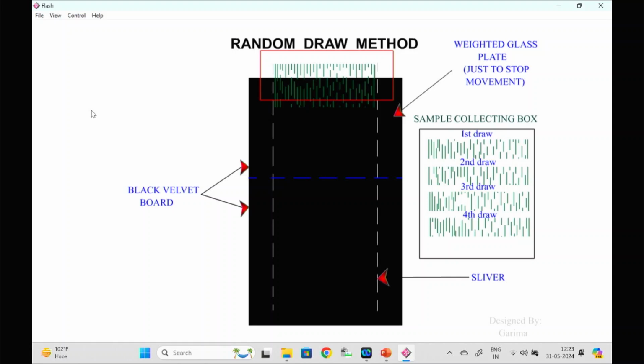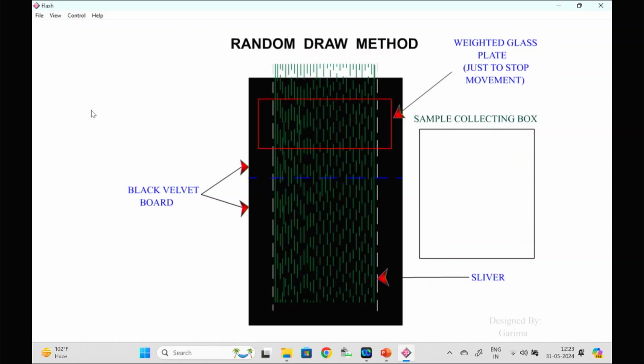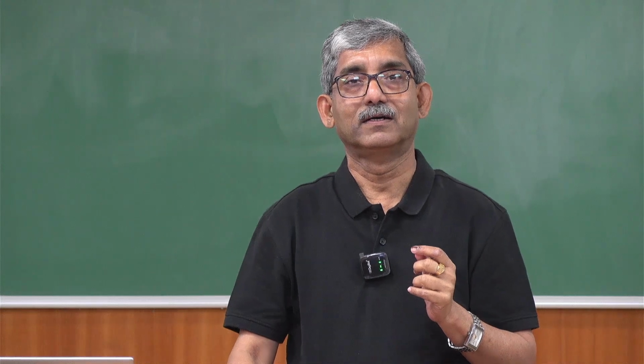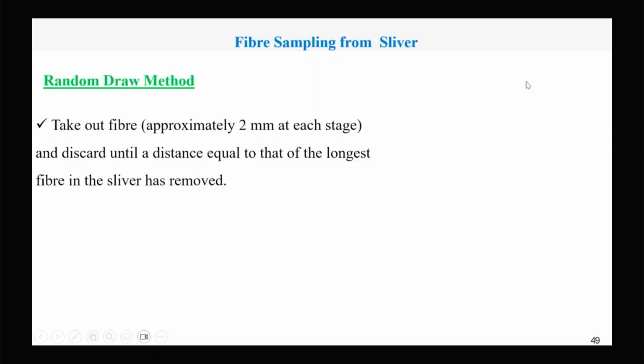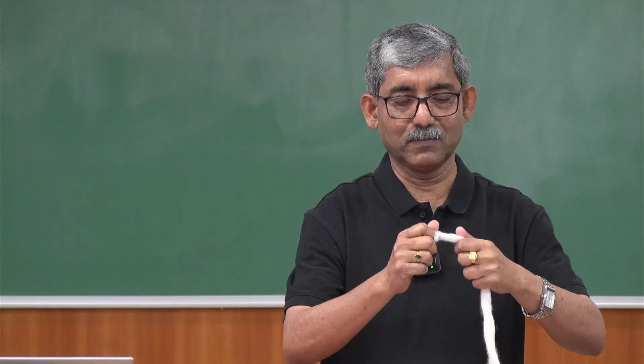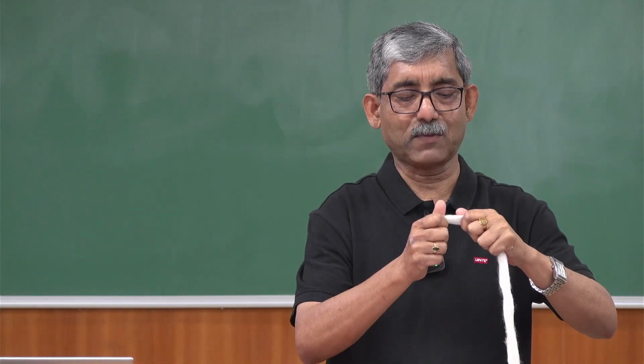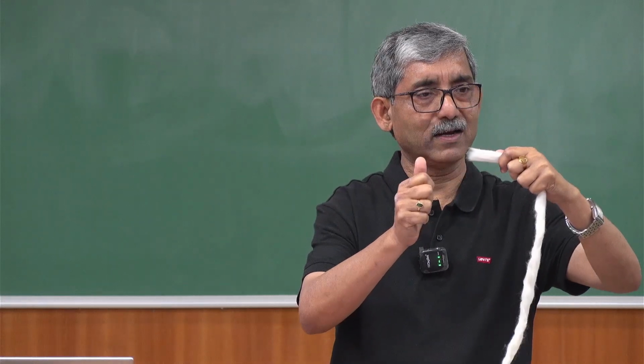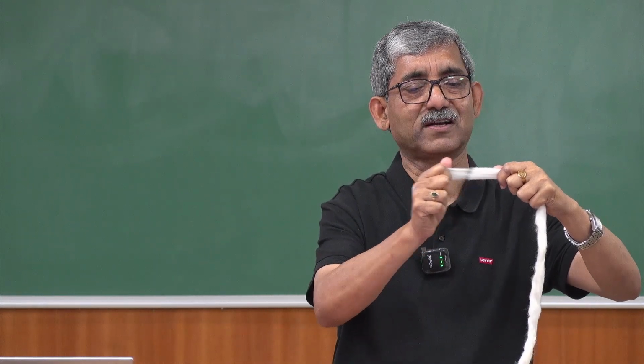These fibers are basically a numerical sample, where length bias is not there. In case of sliver, it's easy to take out fibers because the fibers are almost parallel, so there is no restriction.